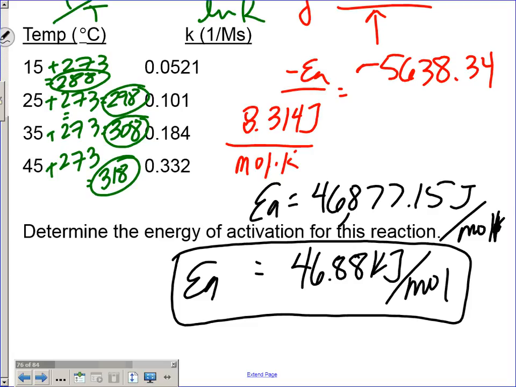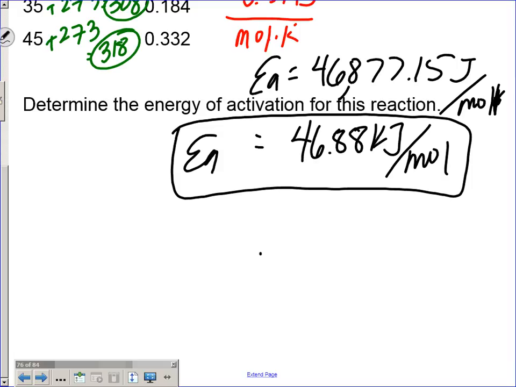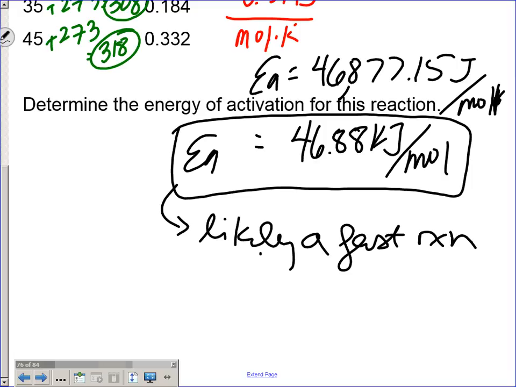So the activation energy is this, which means likely a fast reaction. Does it give us anything about the thermochemistry? Delta H, delta G, delta S? No, nothing, right? We could figure it out if we had more information, but not from this information here.